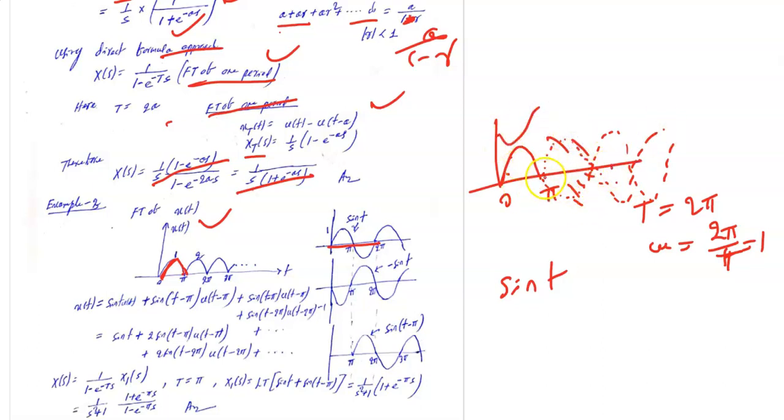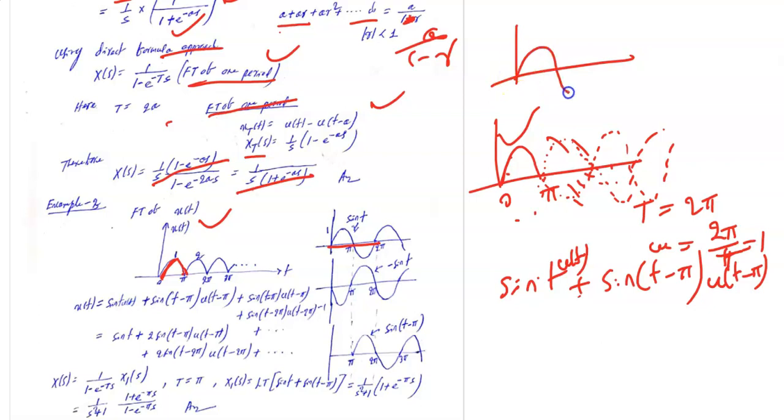What is this shifted version? If I shift it by pi and add it, it is sine t minus pi. Write t minus pi and ut minus pi, because this is also sine t ut. So I have to add. If sine t ut is this, then ut minus pi will start from here.